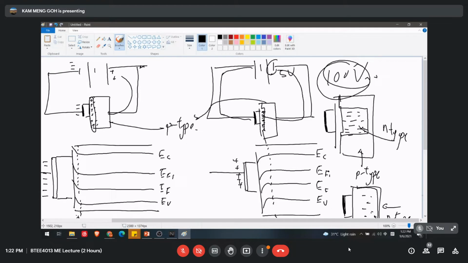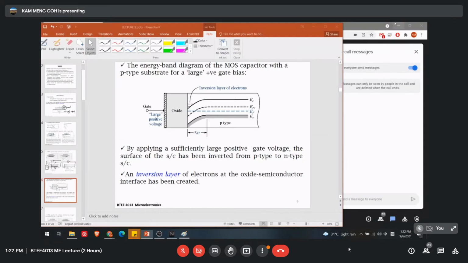Negative charge will be induced here, and all the negative charge will accumulate here. But you need a region to accommodate everything because this is originally a p-type. So the p-type will create the region to put all the negative electrons here. So this is how the concept works. We were saying that this will be the inversion layer of the electron. This area will be an inversion layer of the electron over here.